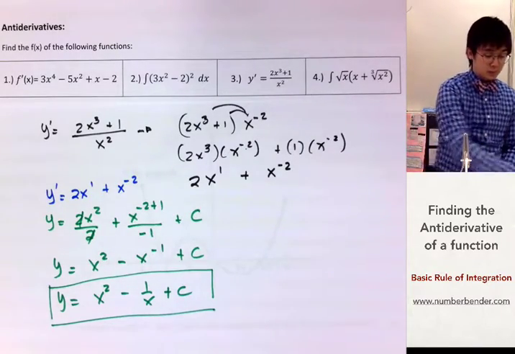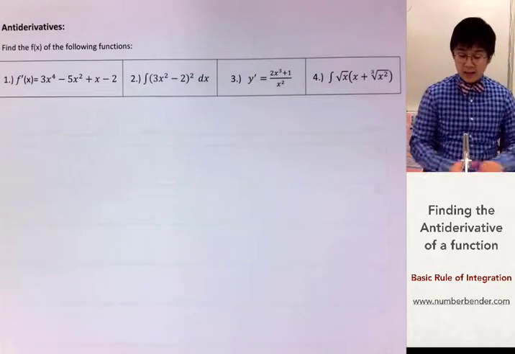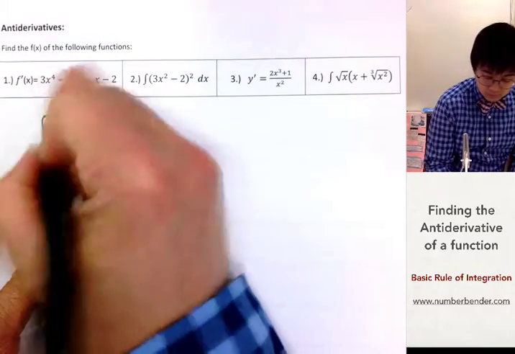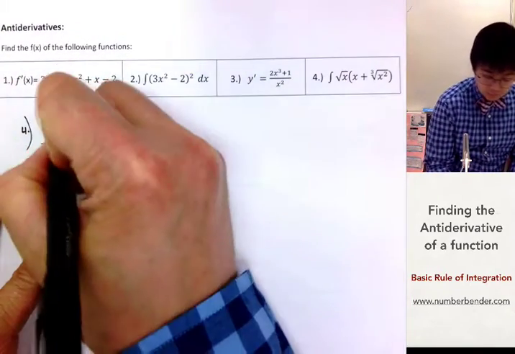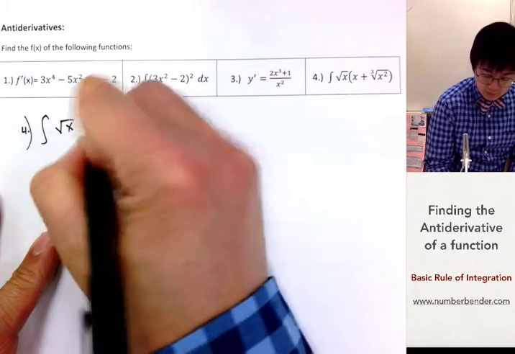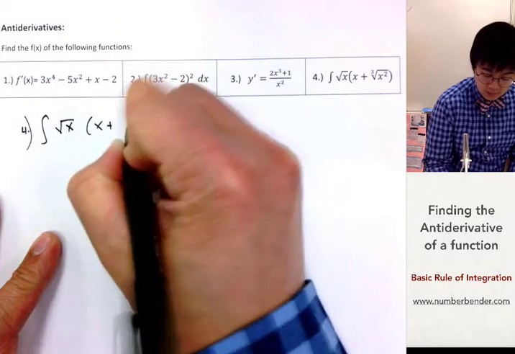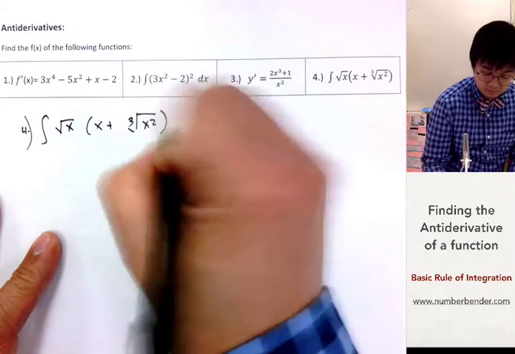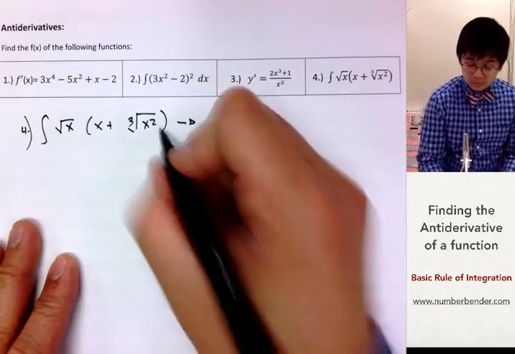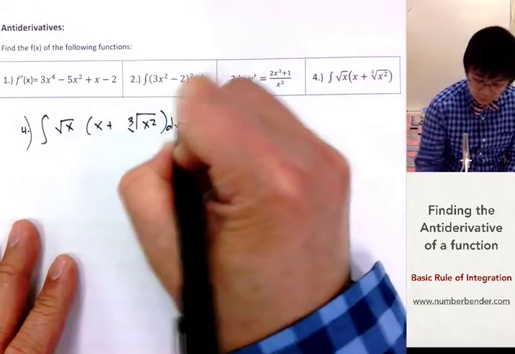And for the last problem, we'll have the integral of the square root of x times x plus the cube root of x squared. There's supposed to be a dx over here.